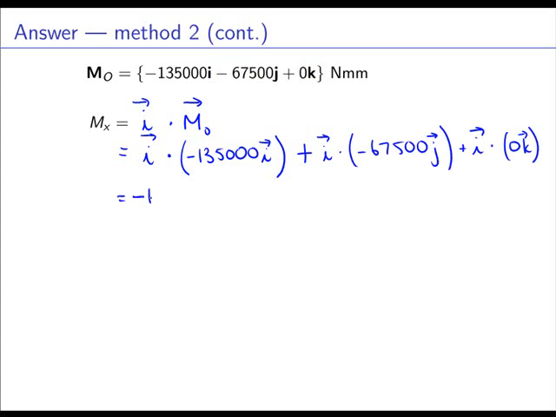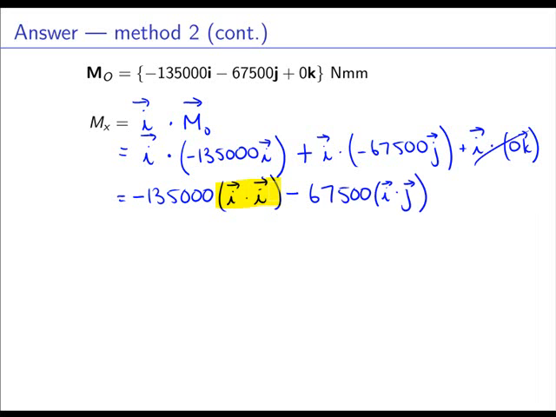That equals minus 135,000 times the dot product of i with itself minus 67,500 times the dot product of i and j plus 0. Now i dot i is 1 since i is a unit vector, and i dot j is 0 since i and j are perpendicular. So the moment of F about the x-axis is minus 135,000 newton millimetres, which we can again convert to minus 135 newton metres.